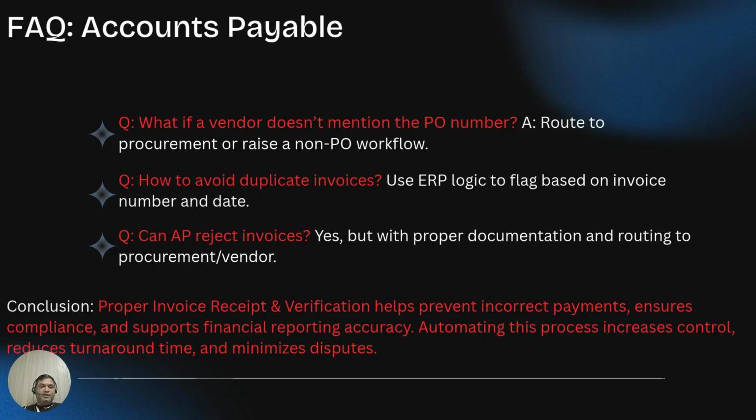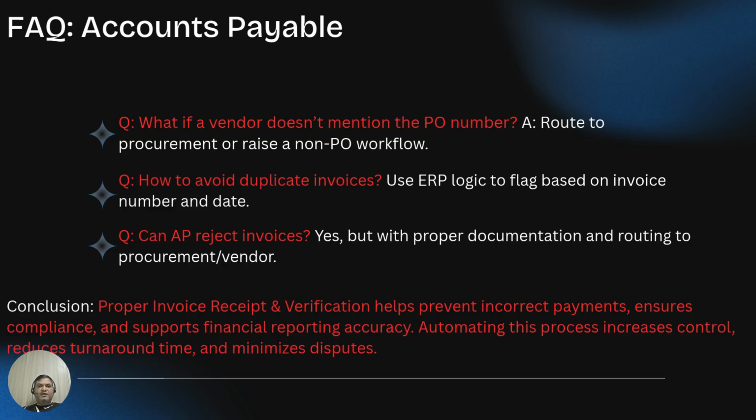Now, most importantly, the section that you are waiting for, what are the top few interview questions that you can expect from this section? What if a vendor doesn't mention the PO number on the invoice? It is very important for the invoice to contain a PO number.